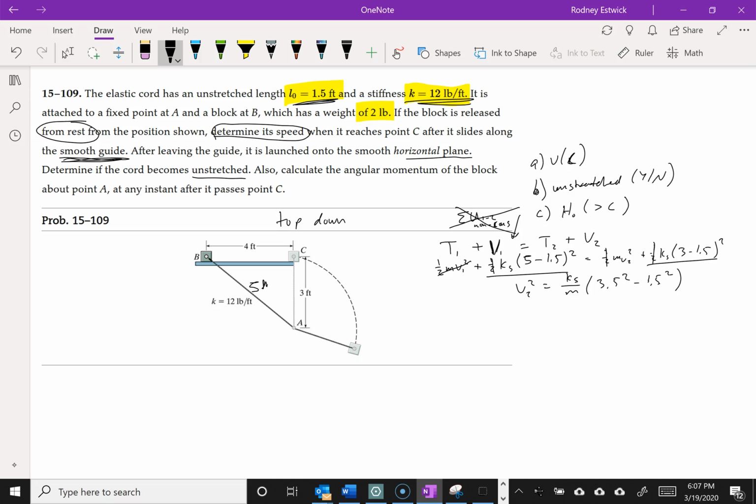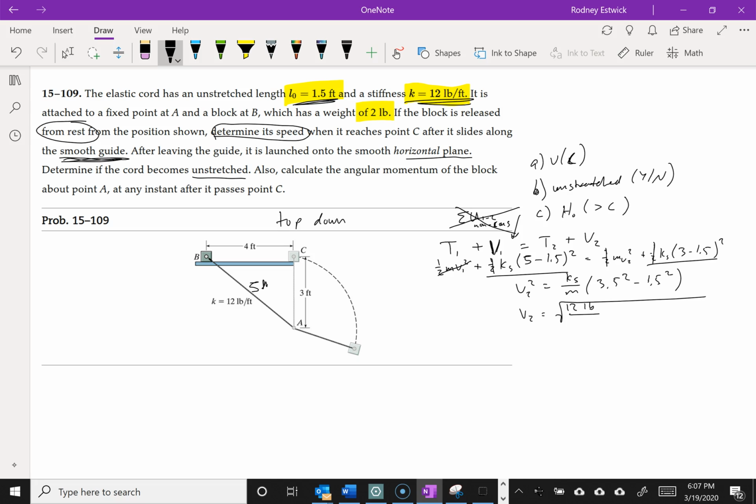Okay, so let's work that out. So V2 is going to equal the square root of 12 pounds, and we're trying to get to feet per second, so I need 32.2 feet per second squared. I did that wrong. 12 pounds is a force. It can stay as 12 pounds.